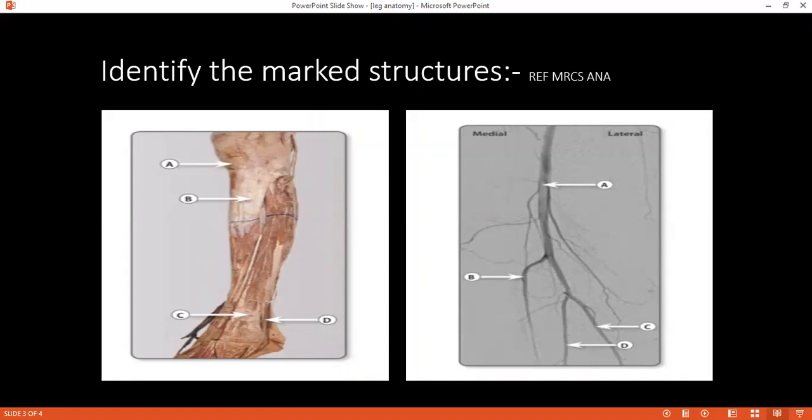Okay, one simple question, tell me the dermatomes and the myotomes of the lower limb.